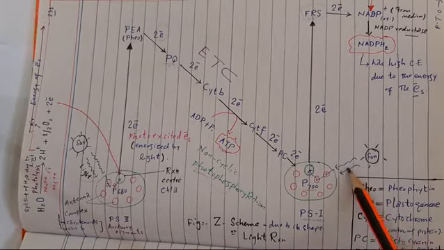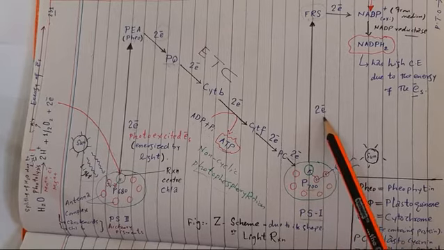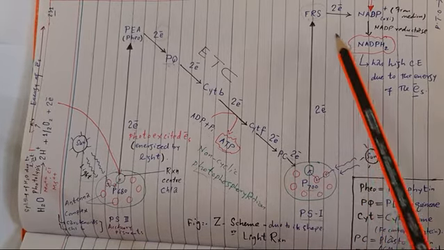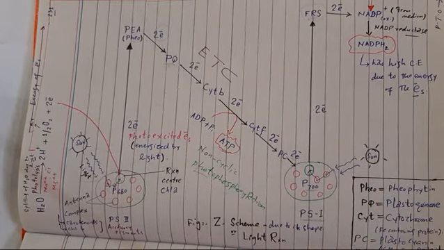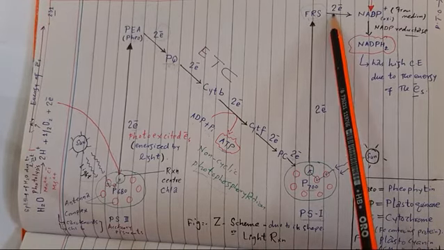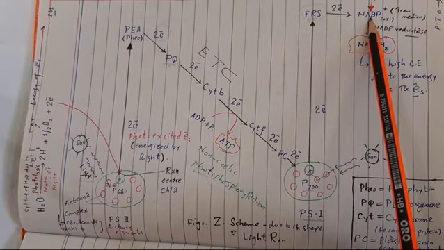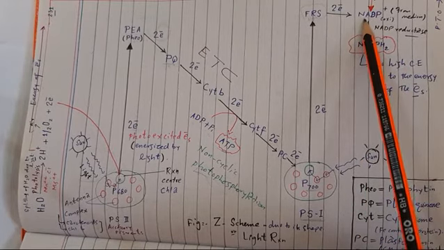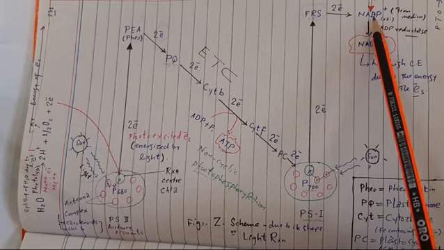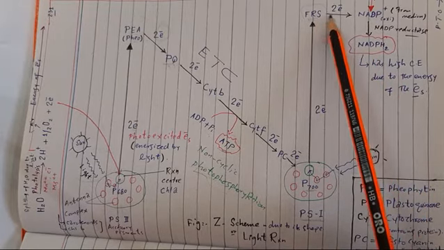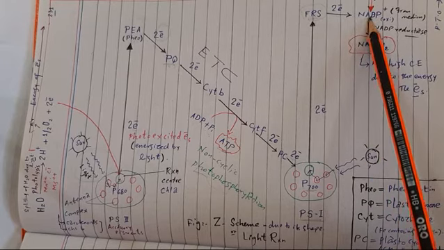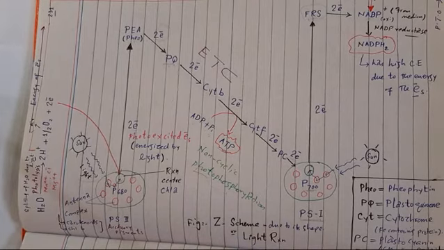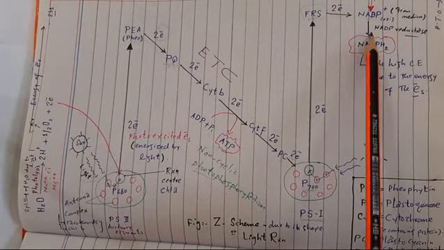From FRS, looking at the arrow in the diagram, the electrons are passed into an oxidized coenzyme NADP, nicotinamide adenine dinucleotide phosphate, which is reduced.